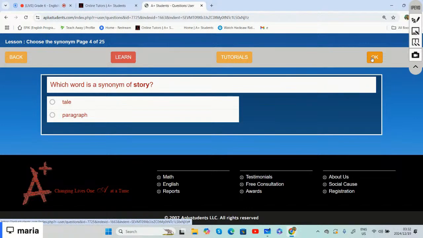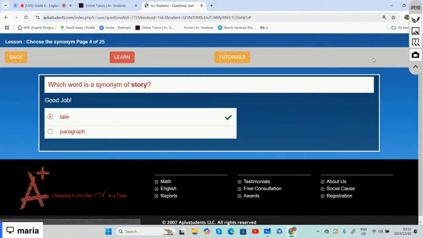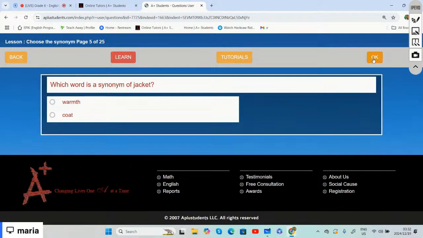So a story, is it a tale, option one, or a paragraph? And if we were to choose the correct option, then yes, option one is a tale. It's like a story. It's like saying, oh, I'm reading a fairy tale. A tale is like a story.